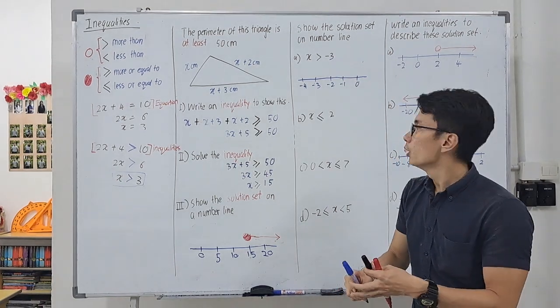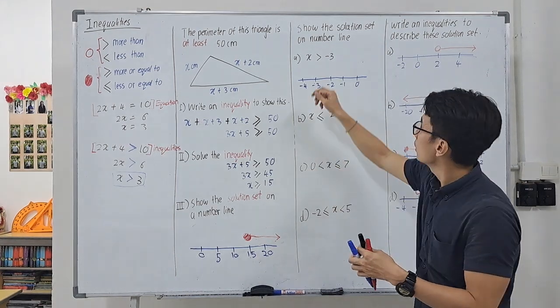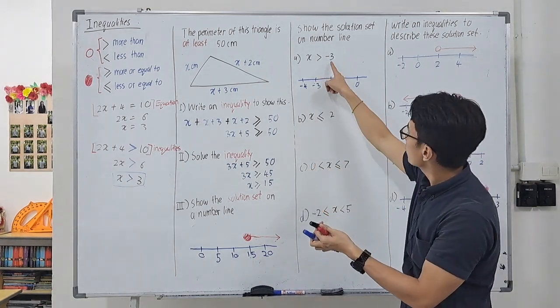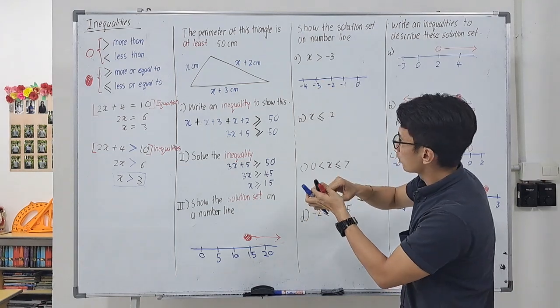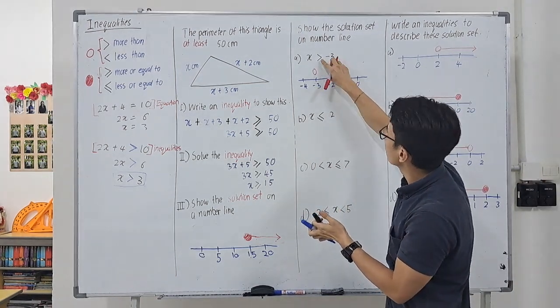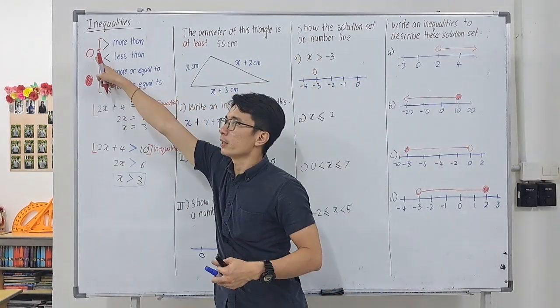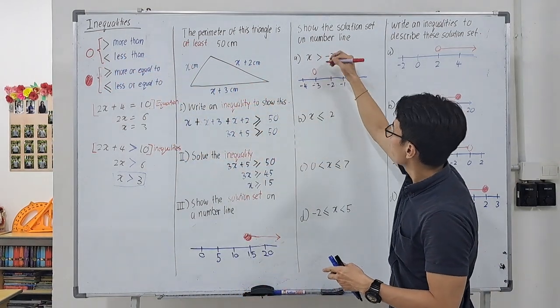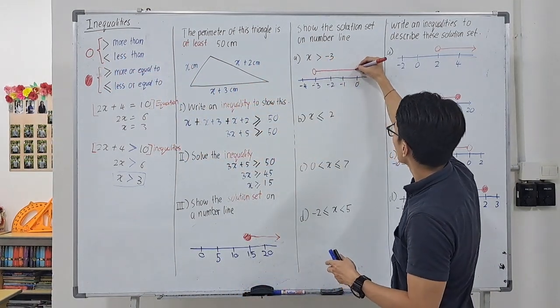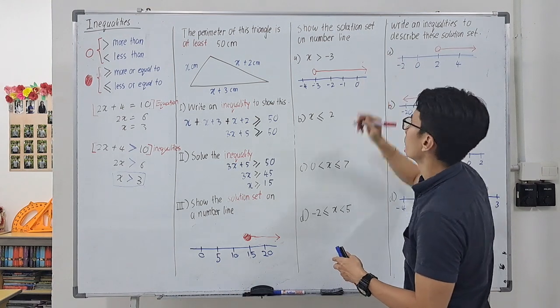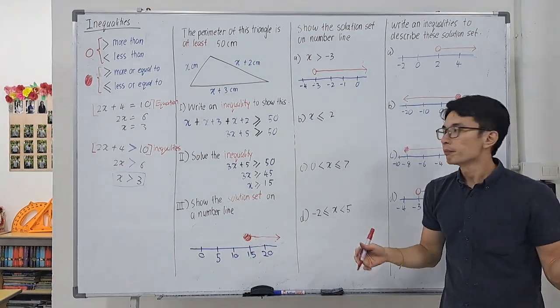As long as they have equal spacing. So x is more than -3, so look at -3 on top and just draw a circle. Since this is more than, which is represented by a clear circle, all you need to do is to draw the arrow to the right until the end of the number line. We are done with that.